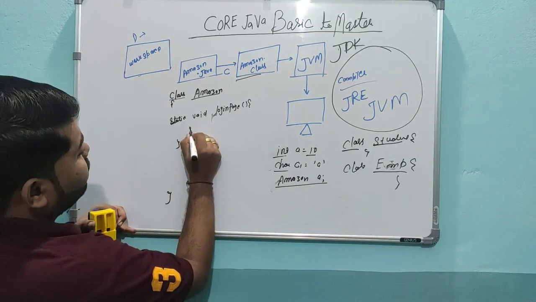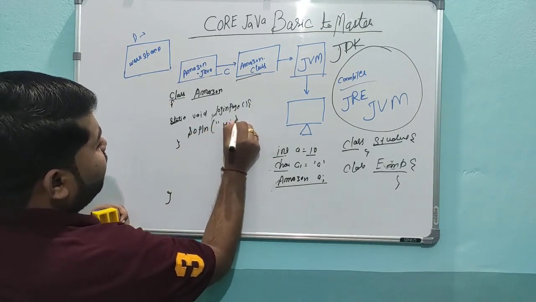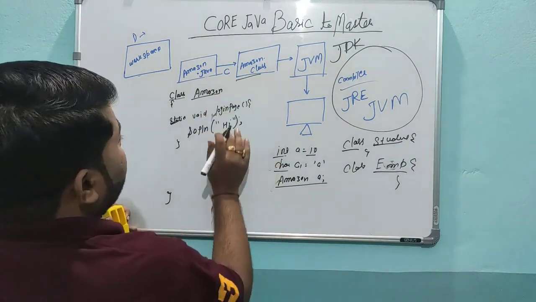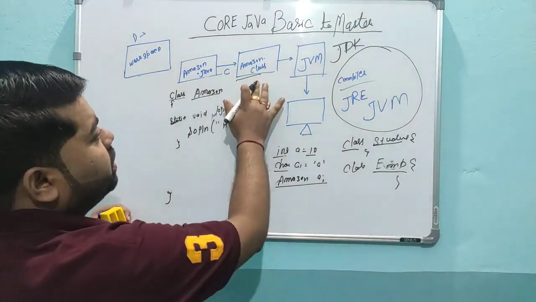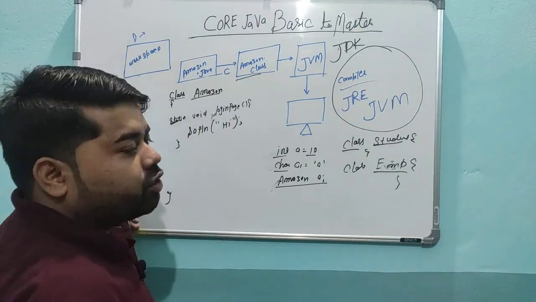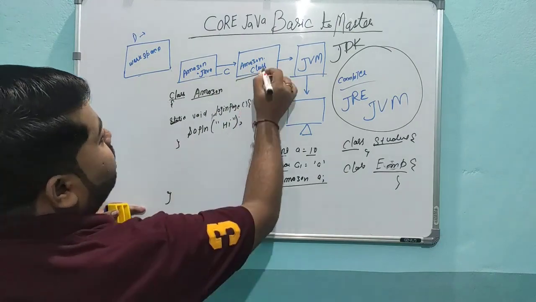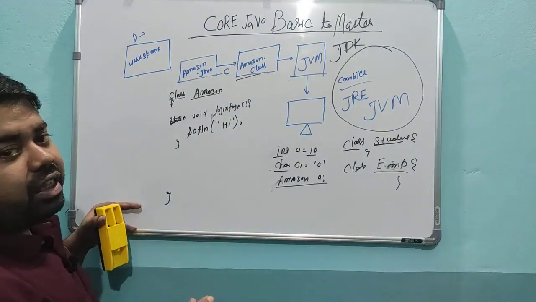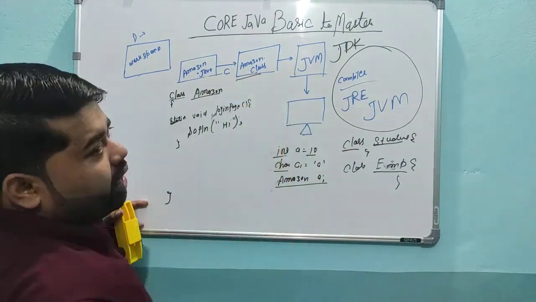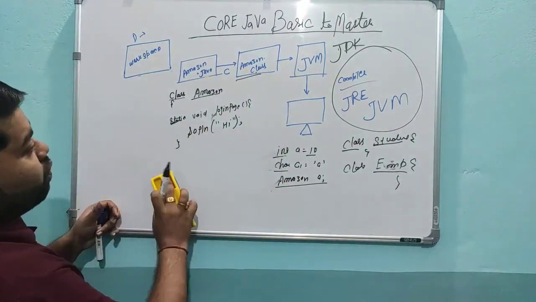If you write system.out.println hi and compile this code, we are able to compile it. The compiler will check the syntax of the code, and if it compiles successfully, it will create a .class file. A .class file is nothing but your machine code, your byte code. JVM only understands this .class file. So this is the one conclusion.